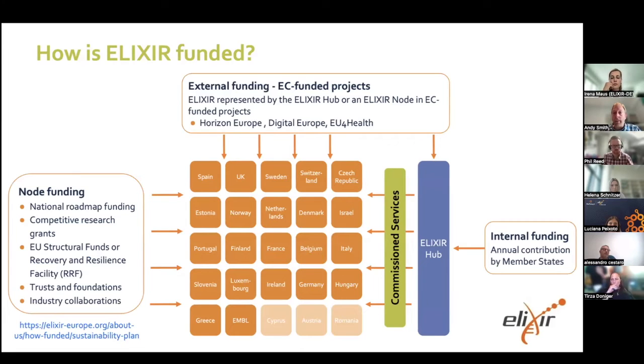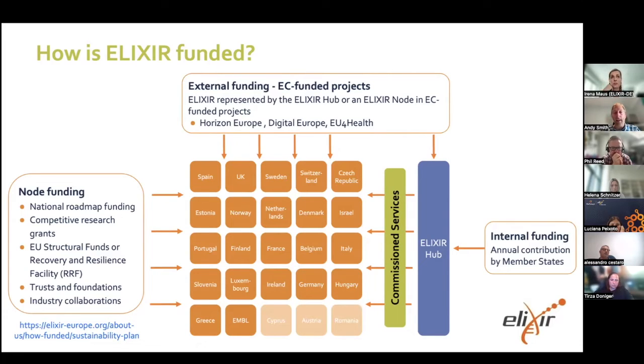So there are lots of Horizon Europe projects that Elixir partners take part in, connecting research infrastructures, working on the European Open Science Cloud, and even things in the Digital Europe program around the 1 million genomes and EU for Health as well. So collectively, there's a lot of EU funded projects that Elixir partners are working on, and that in turn adds to, I would say, a real driver for institutes to become involved in Elixir.